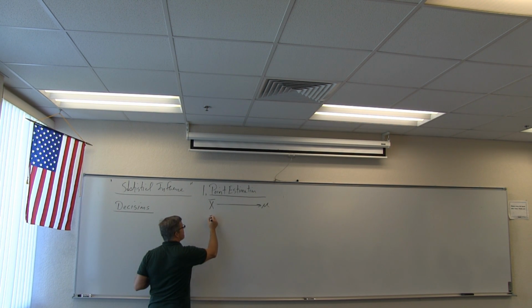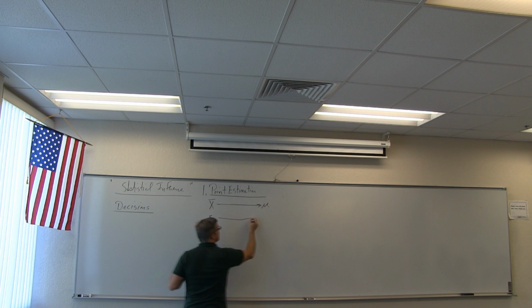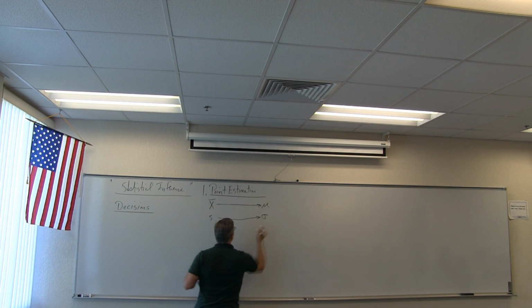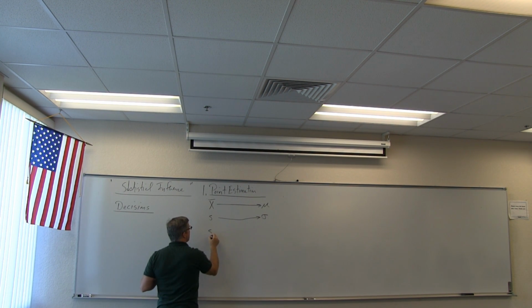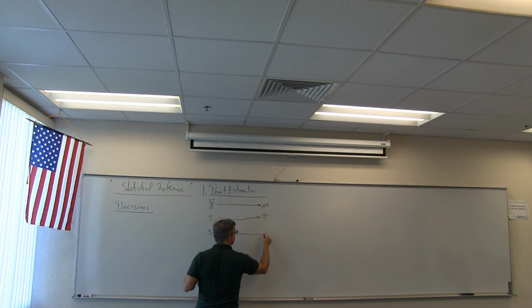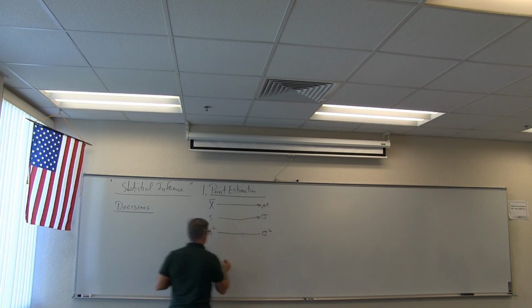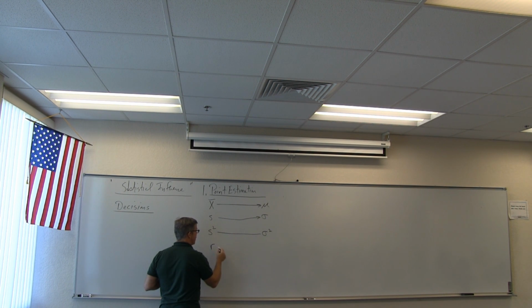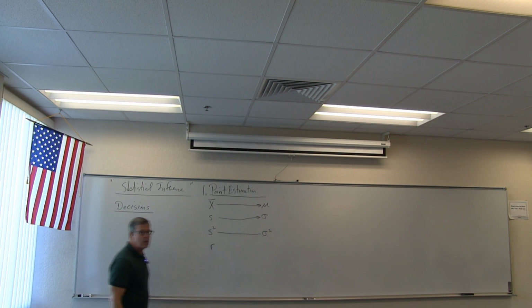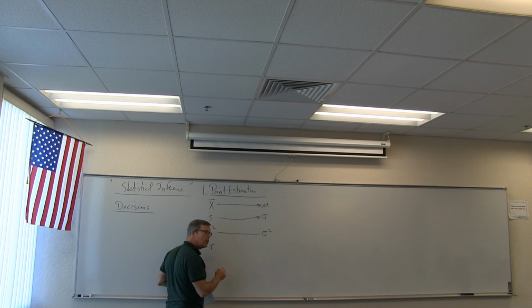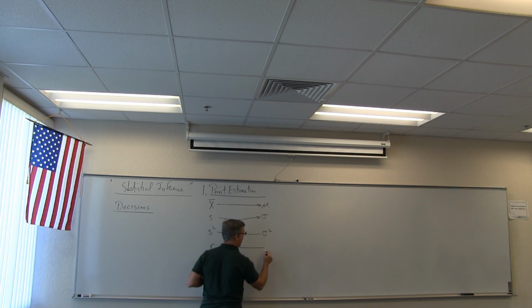We can use S to estimate sigma. We can use sample variance to estimate population variance. We can use our Pearson R to estimate what? Rho, yeah.